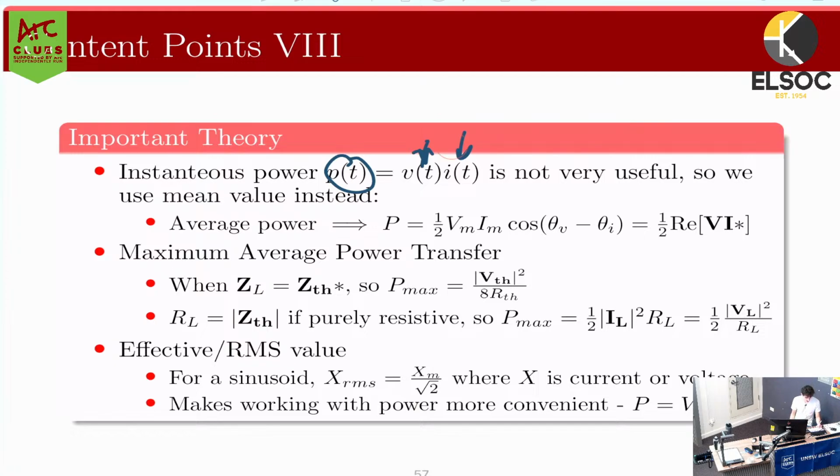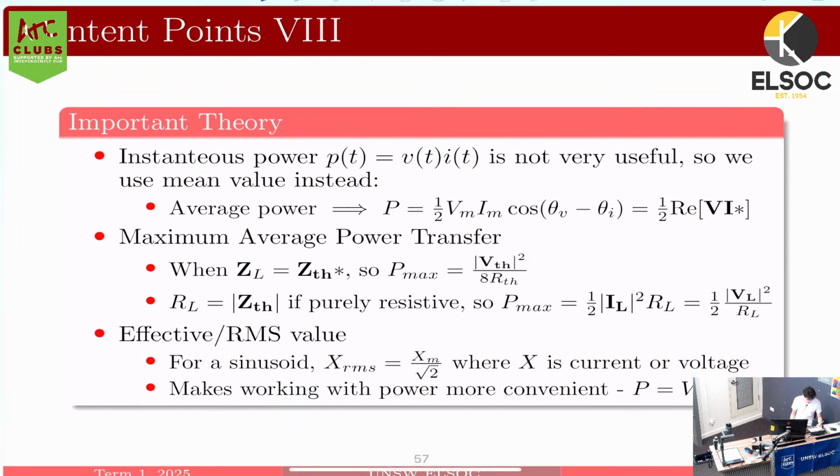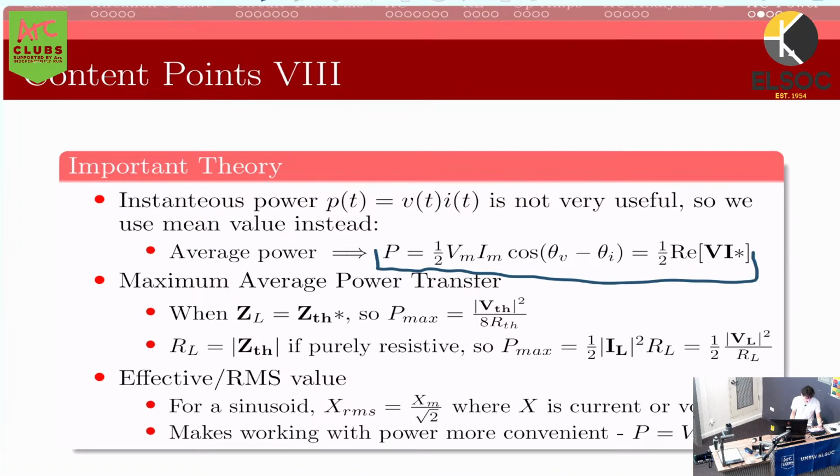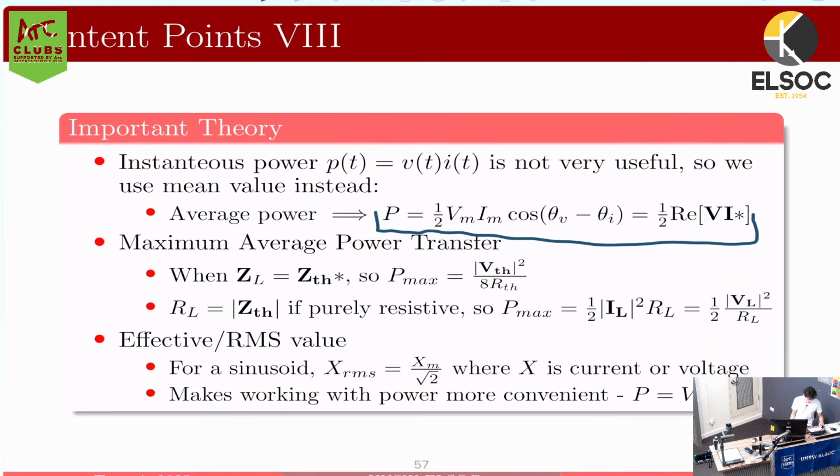So what we do is we look at the median value, which is just the average power, which we define like this. You can see that if power was given by some sort of sinusoidal signal, the average power would just be the average value of the sinusoid. Just a bit of extra theory if you're interested.